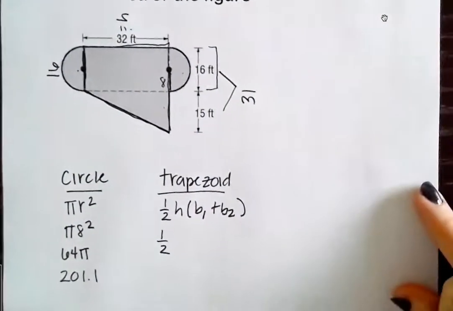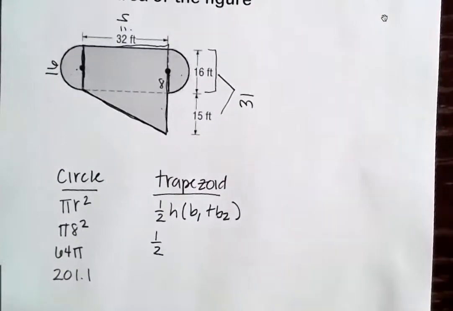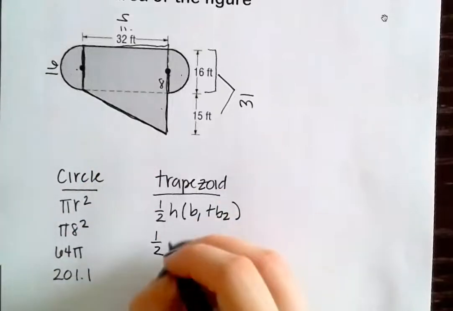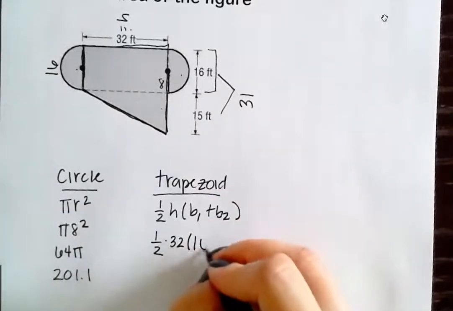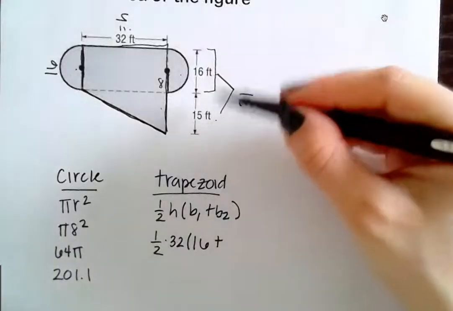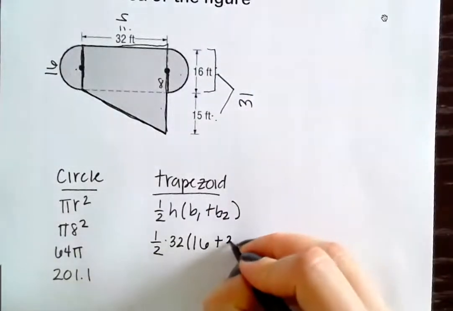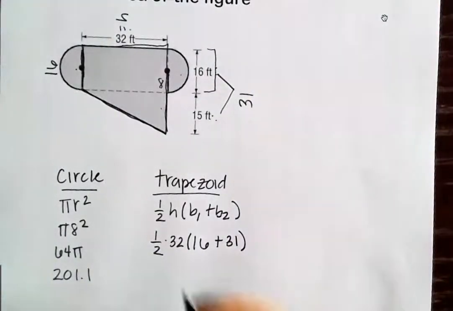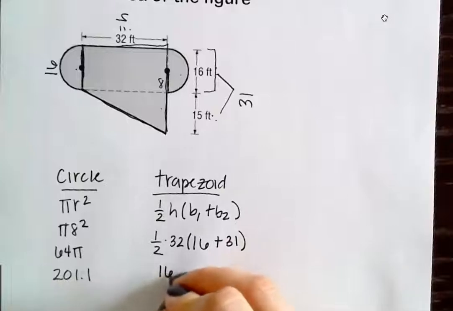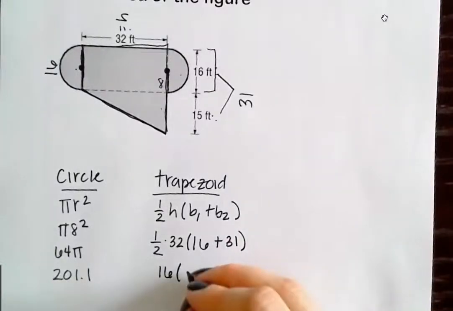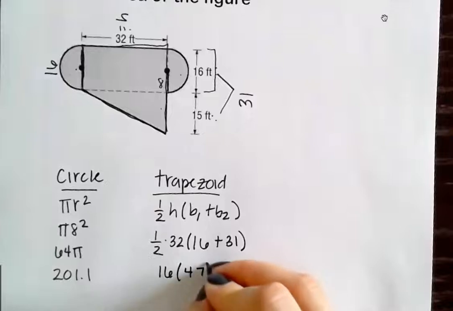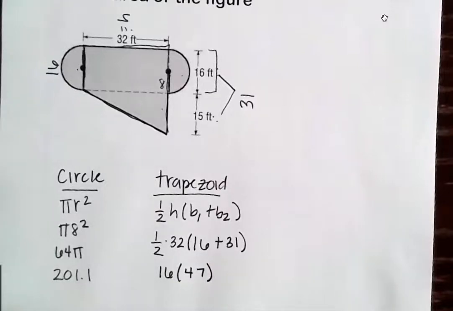All right, come back this way. So half our height we said was 32. Our base 1 is 16. Our base 2 is 31. Half of 32 is 16. 31 plus 16 is 47. 16 times 47, 752.